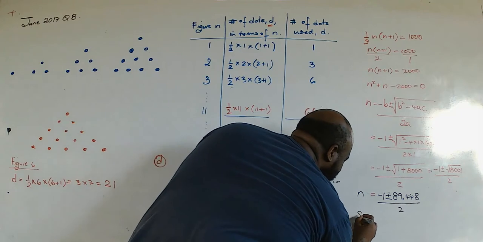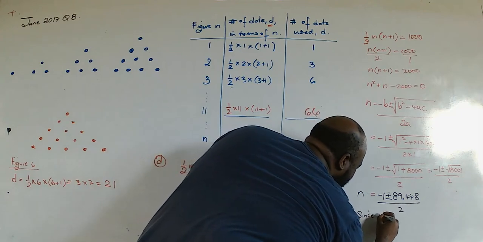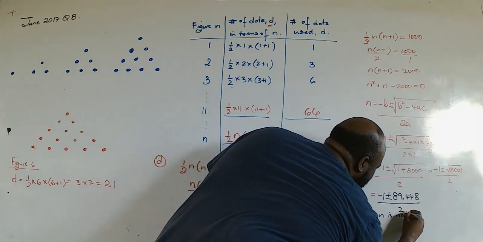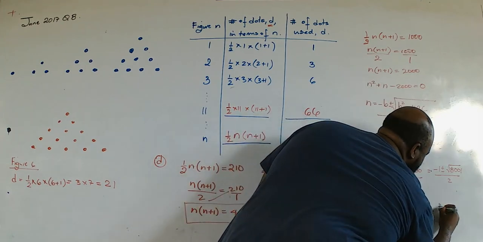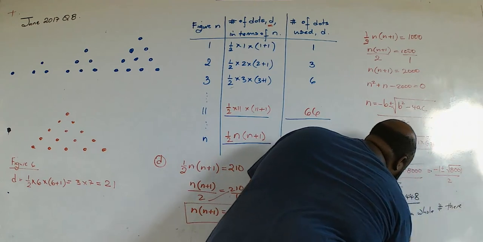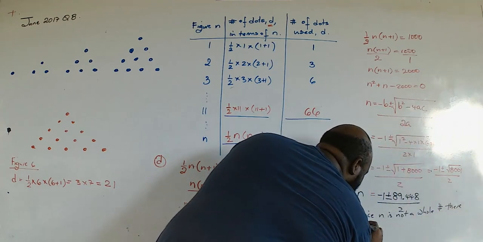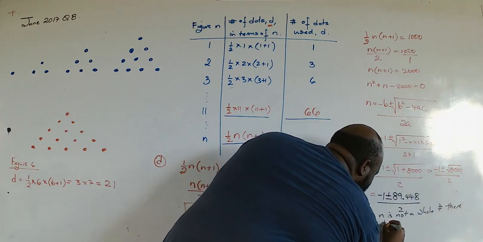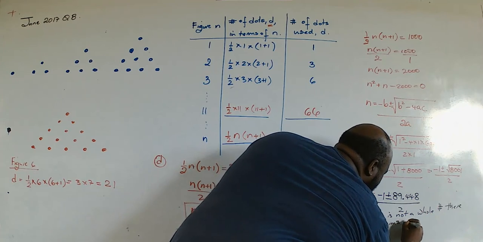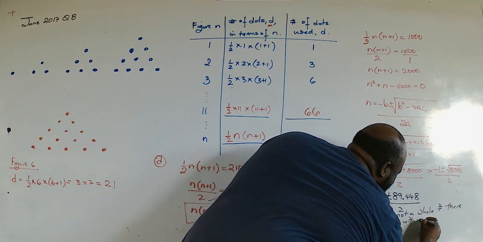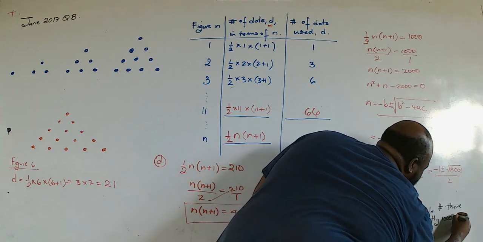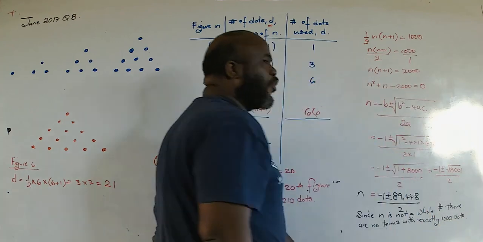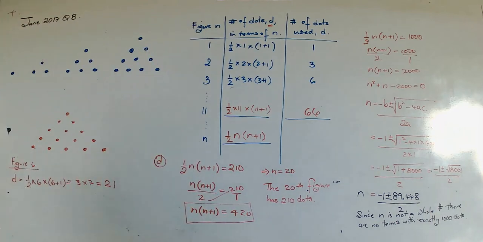Since n is not a whole number, there are no terms with exactly 1,000 dots.